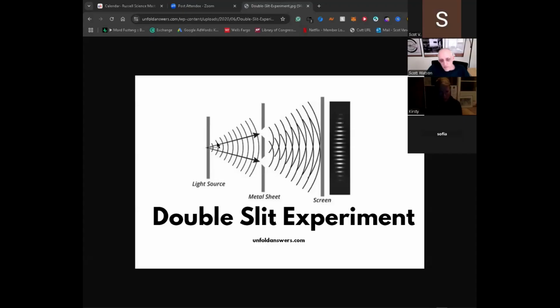And it's almost like you see these lines that they have, these kind of curved lines. These are similar to the graphic I showed you before with the water. Like these are kind of like water waves. And some would go through here and some would go through here. And then those curved lines would create the interference pattern.